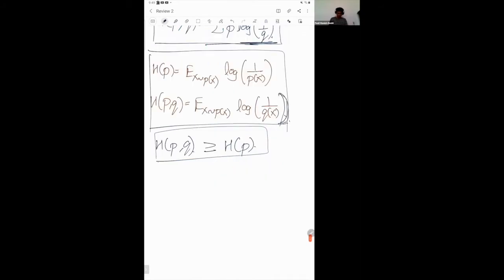Now, if we go ahead and minimize this, what you are basically doing is driving q near p. If you are changing q, you want this to be as small as possible, so you are changing your estimate based on how little information you need.